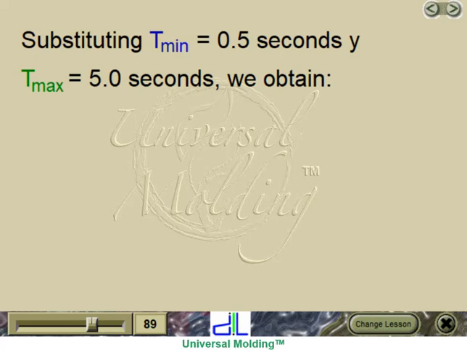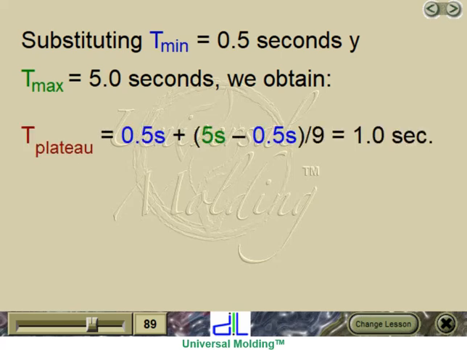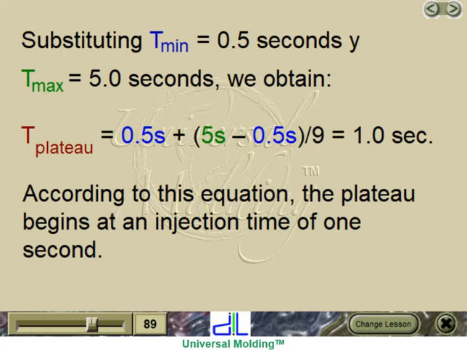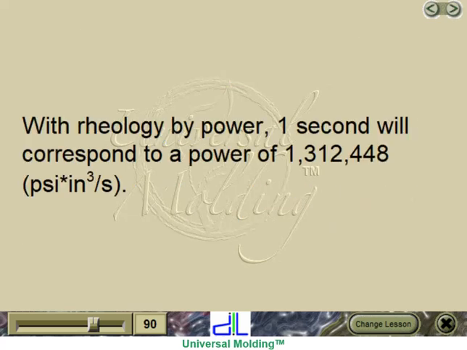Substituting T minimum equals 0.5 seconds and T maximum equals 5 seconds, we obtain T plateau equals 0.5 seconds plus 5 seconds minus 0.5 seconds divided by 9, which equals 1 second. According to this equation, the plateau begins at an injection time of 1 second. With rheology by power, 1 second will correspond to a power of 1,312,448 psi times cubic inches per second.